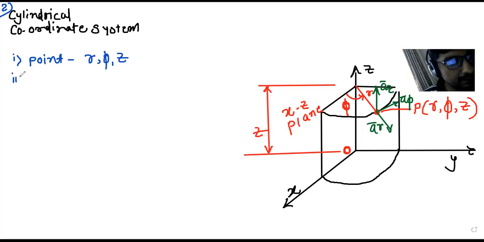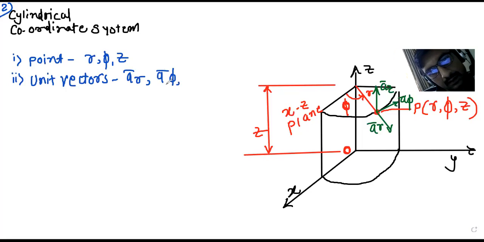Then we have unit vectors. For the cylindrical coordinate system, what are the unit vectors? Unit vectors are a bar r, a bar phi, a bar z. Correct, absolutely correct.